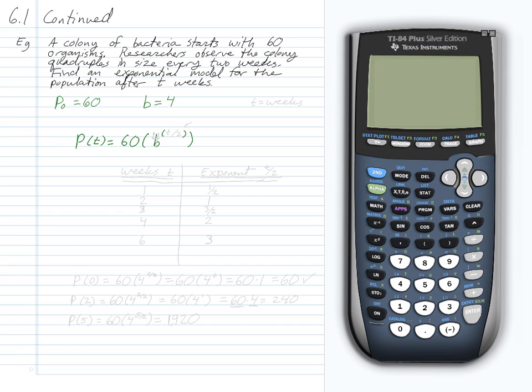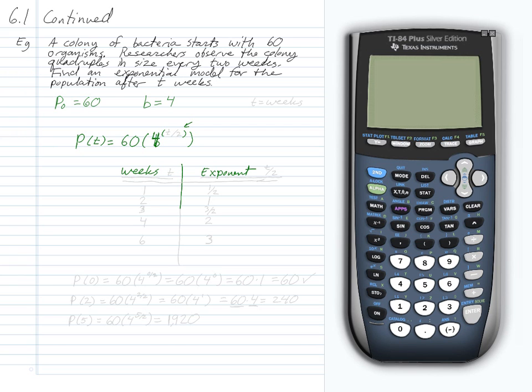And our base was actually 4. Let's put that in. So we're supposed to be raising to a power in such a way that 2 weeks in, we multiply by 4. 4 weeks in, we would multiply by 4 and then multiply by 4 again. So our exponent after 4 weeks should be 2.